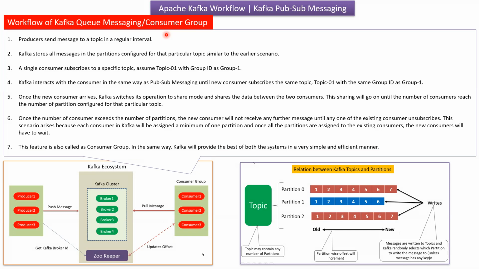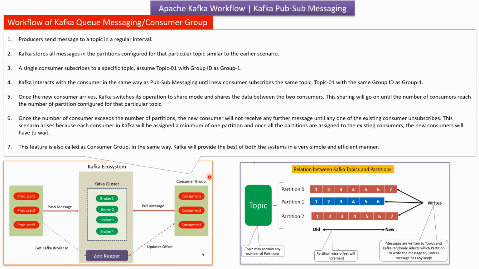Now we will see the workflow of Kafka queue messaging, or consumer group. Here you can see the producers, which send messages to the topic at regular intervals, and Kafka stores all the messages in the partitions configured for the particular topic, similar to the earlier scenario.